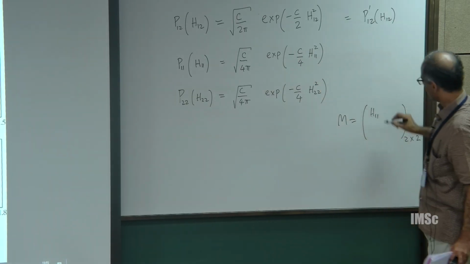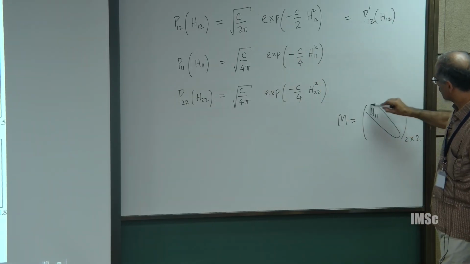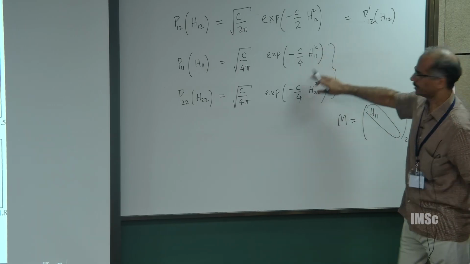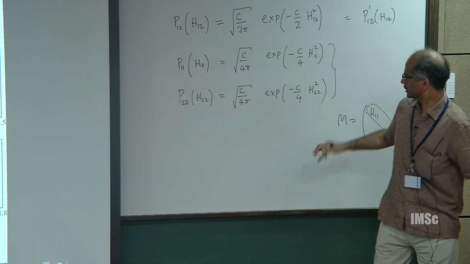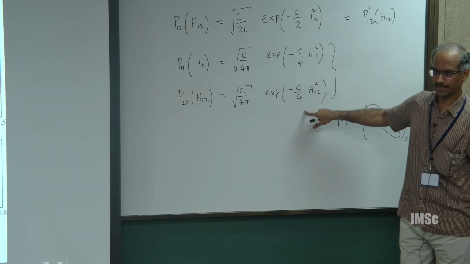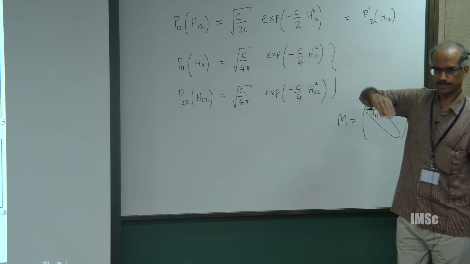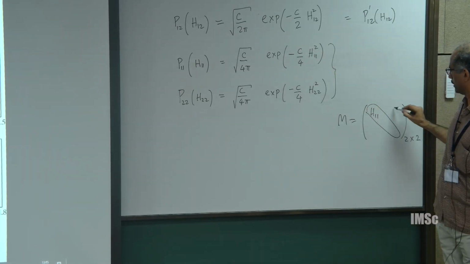So in other words, for the diagonal elements, H11 and H22, the variance is the same, and it is different, in fact half of that, for the off diagonal elements.